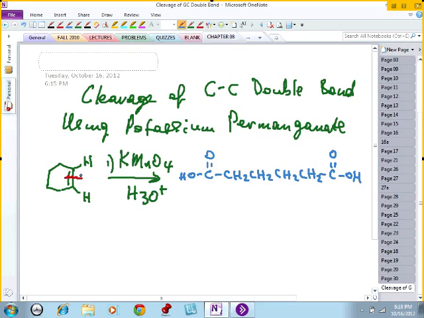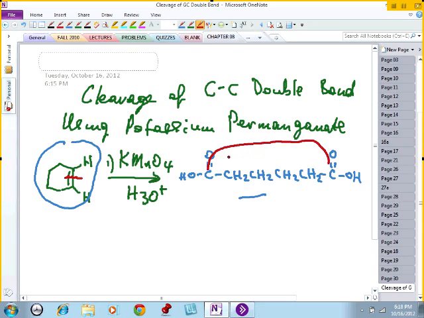So if I gave you this product and asked for the starting material, you will say, okay, this carbonyl of the carboxyl group must have been the original carbon-carbon double bond, right? That's the way I will look at it.